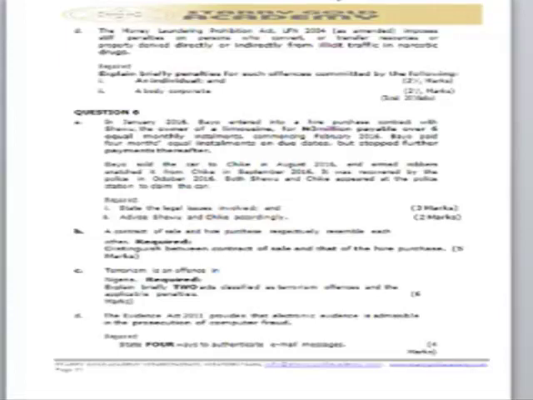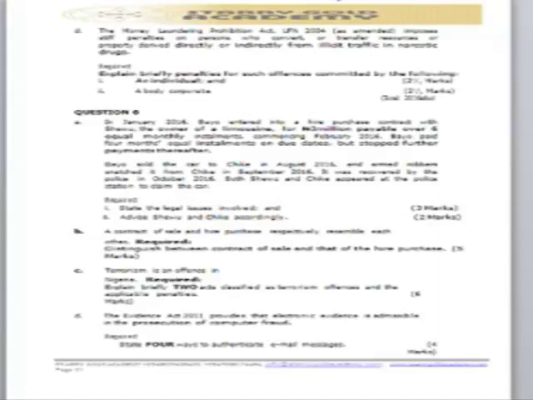Question number 6. Let's look at this. It says in January 2016, Bayo entered into a hire purchase contract with Shehu, the owner of a limousine, for 3 million naira, payable over 6 equal monthly installments commencing February 2016. Bayo paid 4 equal monthly installments on the due date, but stopped further payment thereafter.